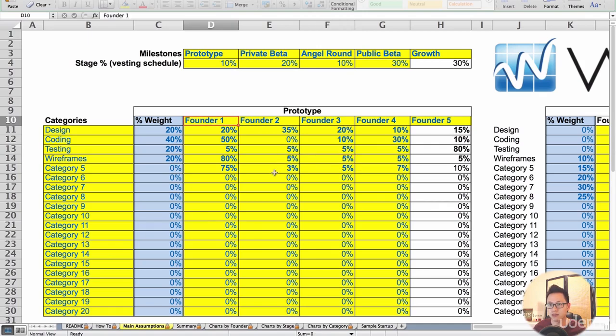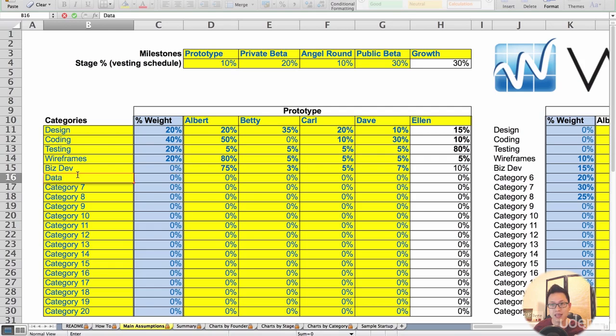And then within each milestone, you can have each founder contribute different categories of contribution. So let's say stage one could be prototyping, and somebody's contributing coding or design, and different founders may have different skill sets and they're contributing different amounts of work or things of value.